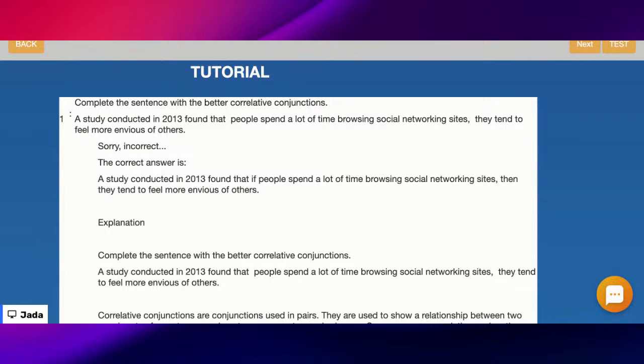Hi, can you see my screen now? I only just noticed your messages. Can you let me know, please?